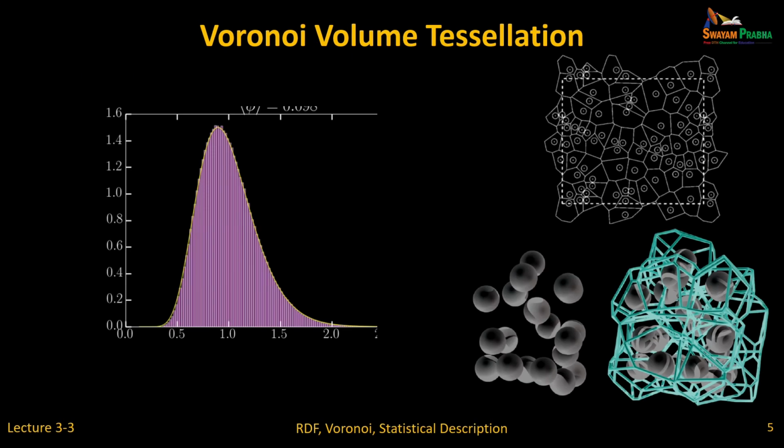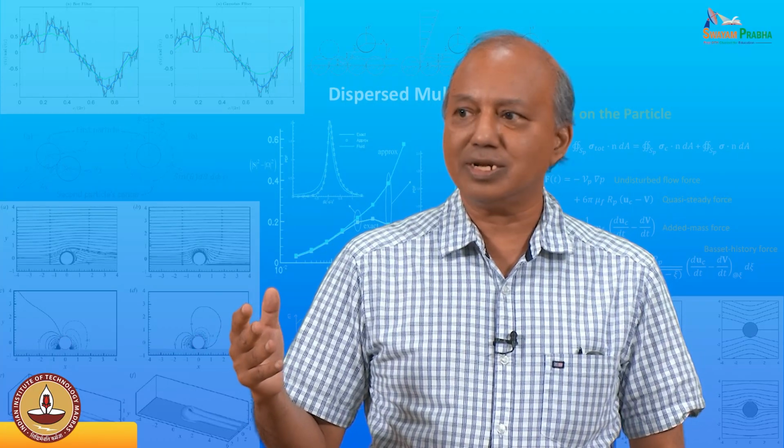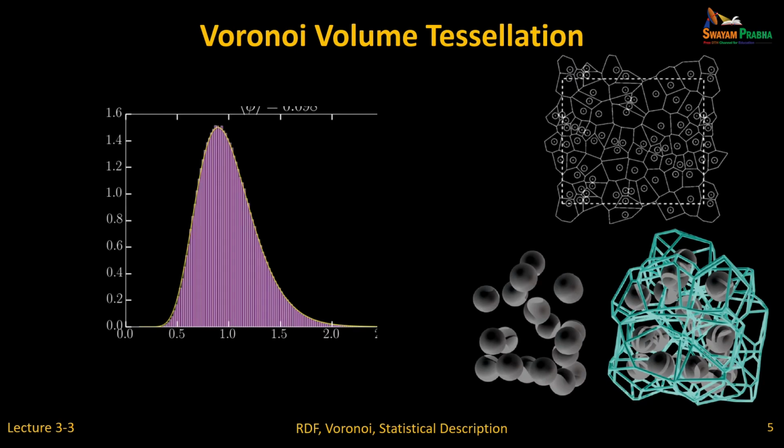The other thing that will be very useful is the Voronoi tessellation. How many of you know Voronoi tessellation? In 2D it is easy to think of. If you have particles, you take this particle, he has one neighbor, another neighbor, and so on.